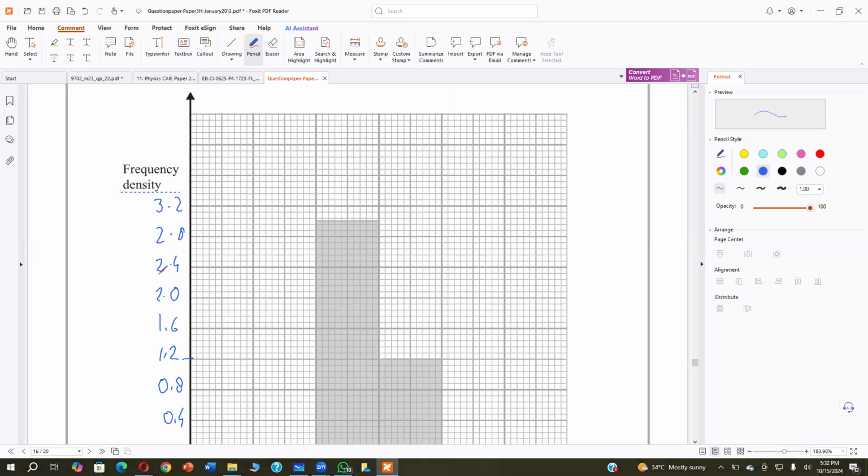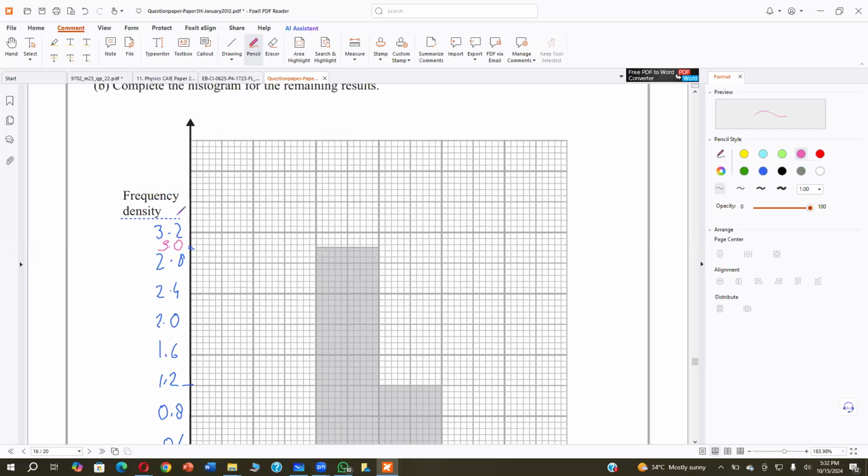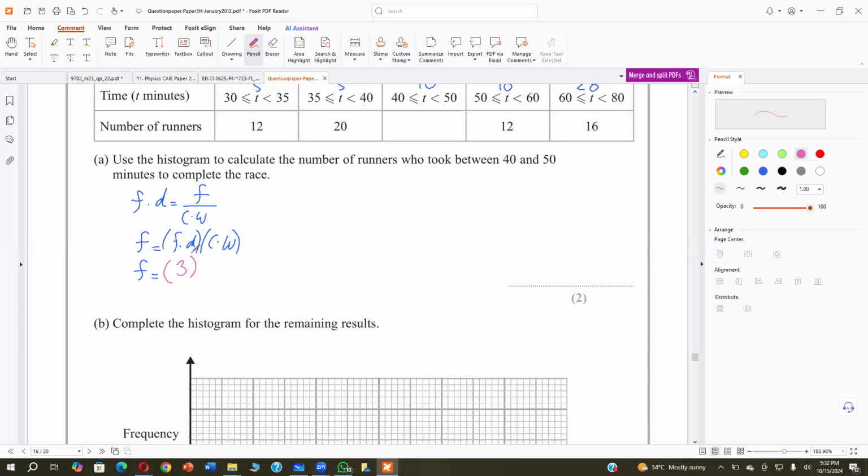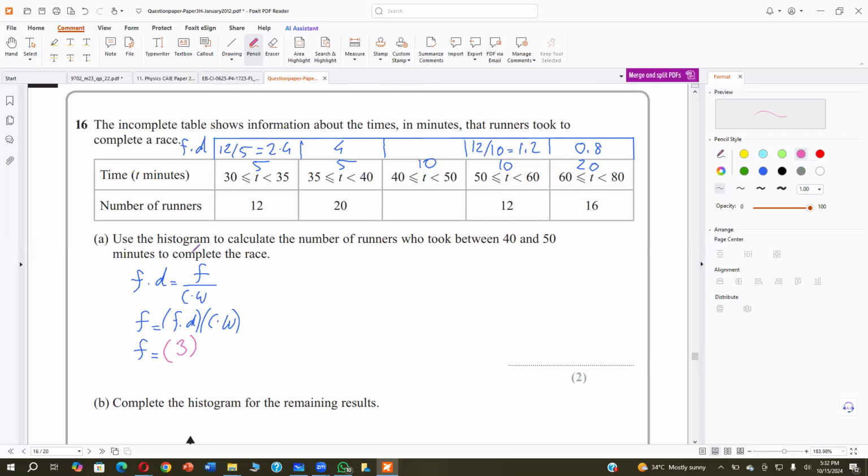The interval size is 0.4. It is coming in between 2.8 and 3.2 here. So I think if it's coming in between, should it be 3.0? Yeah. Okay. The FD is 3 and the class width is 10.